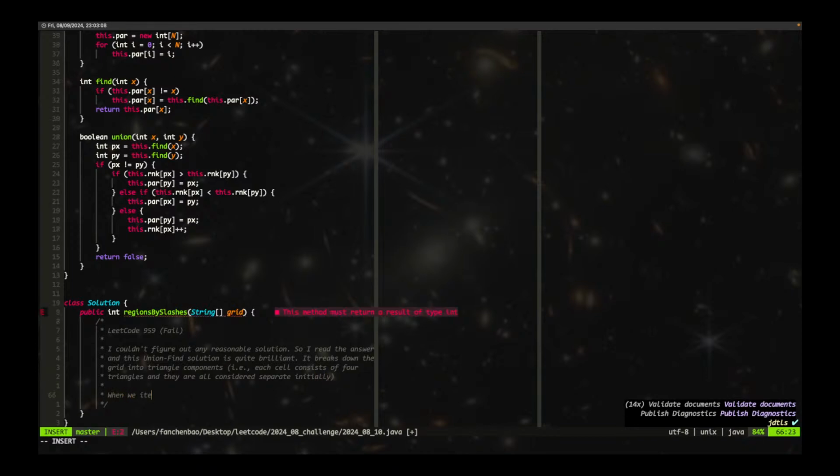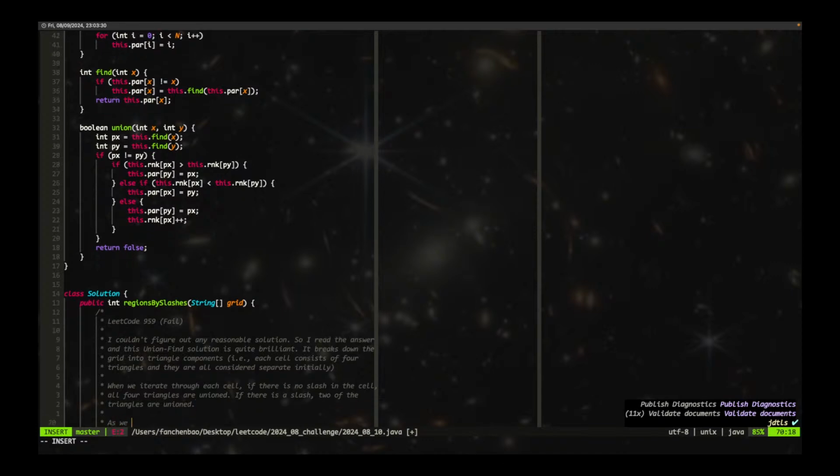When we iterate through each cell, if there is no slash in the cell, all 4 triangles are unioned. If there is a slash, 2 of the triangles are unioned.